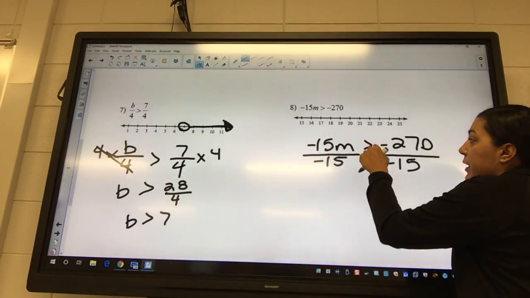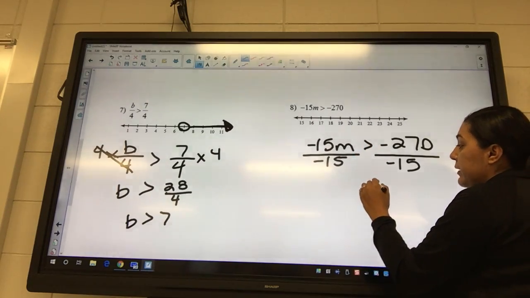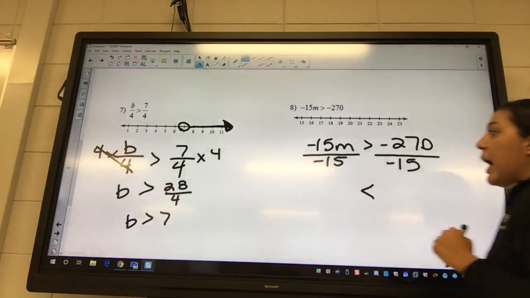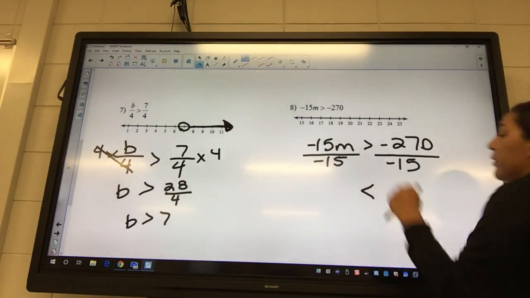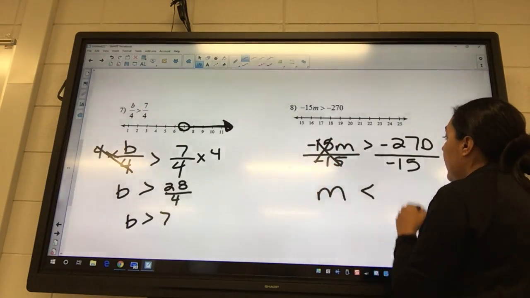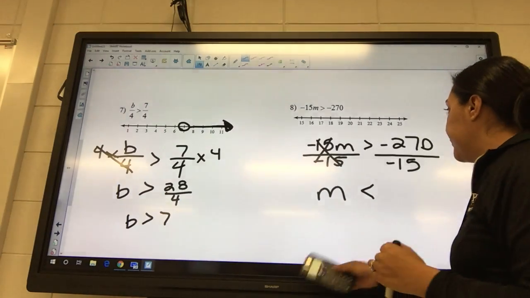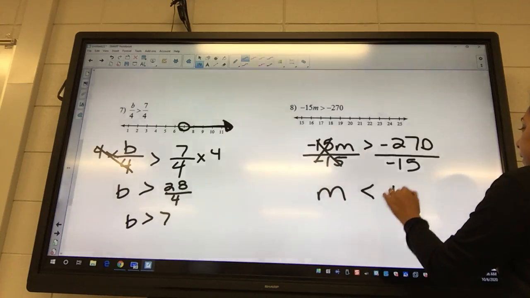See how this sign is pointed this way? So down here, I know that my sign is going to be pointed this way. I don't mean flip by adding a line, but we have to flip it. So over here now, I just have m, and on this side, 270 divided by 15 is going to be 18.